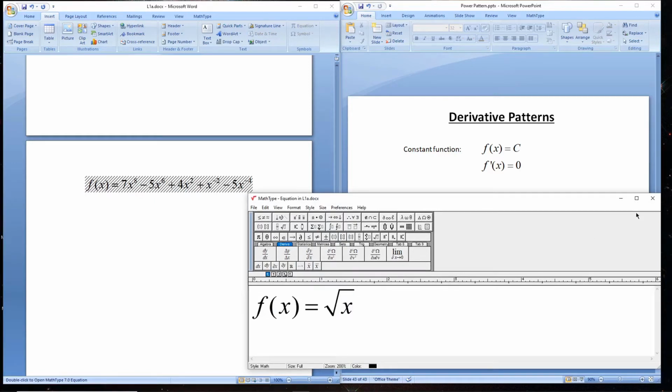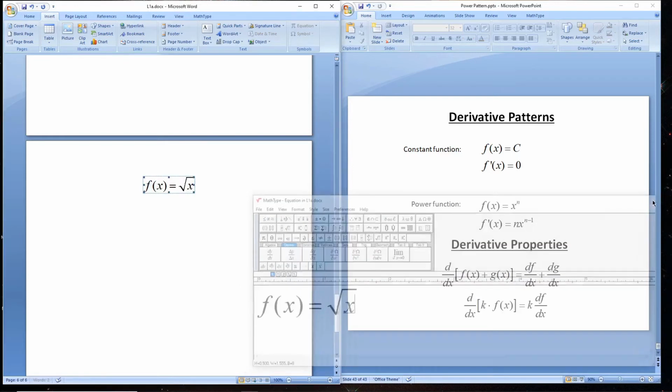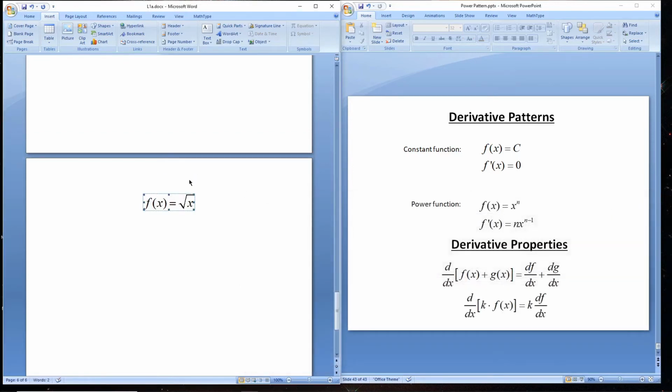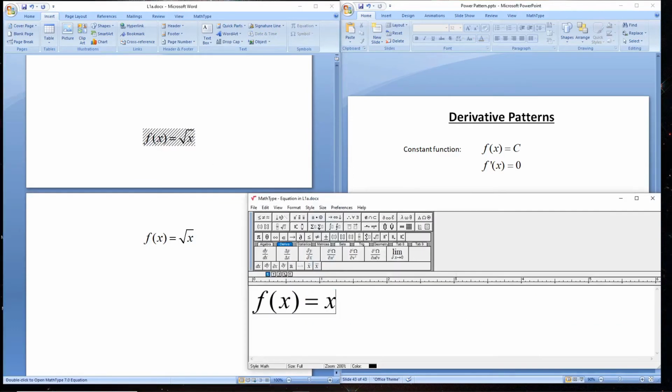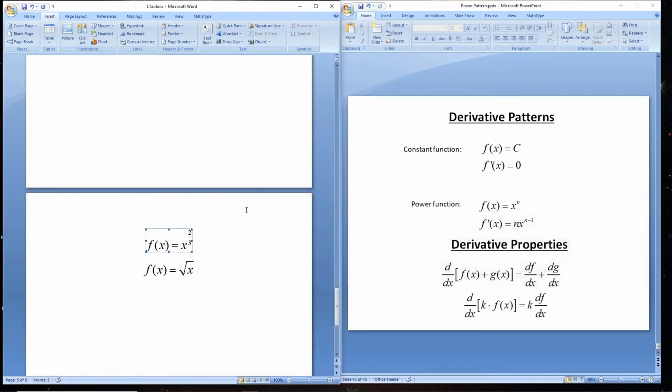Actually, before we do this one, let me say quickly what it means to have a fraction in an exponent. Let me just talk about that really quick.